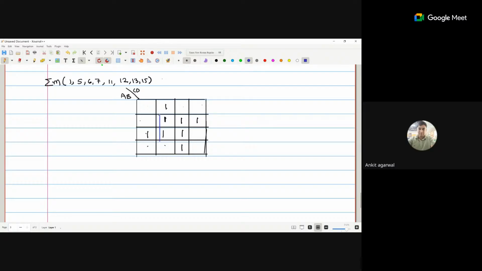Now one group is this one, a group of this one, of this one, of this one. First of all, the implicant. How many terms are available? 1, 2, 3, 4, 5, 6, 7, 8. Eight terms are available.